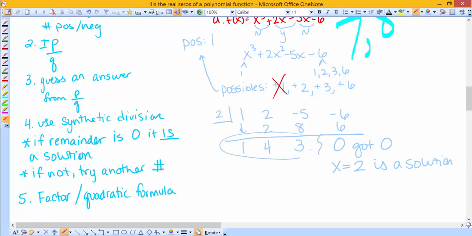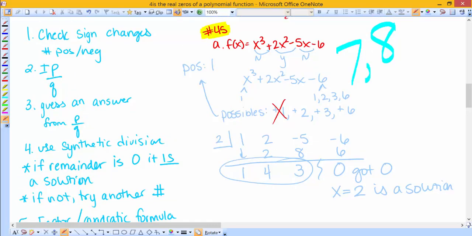Well, if you look at this right here, the 1, the 4, and the 3, we have already found one of them. How many were there supposed to be? Well, let's look back in the fundamental theorem of algebra. If my exponent is a 3, I should have possible 3 zeros.